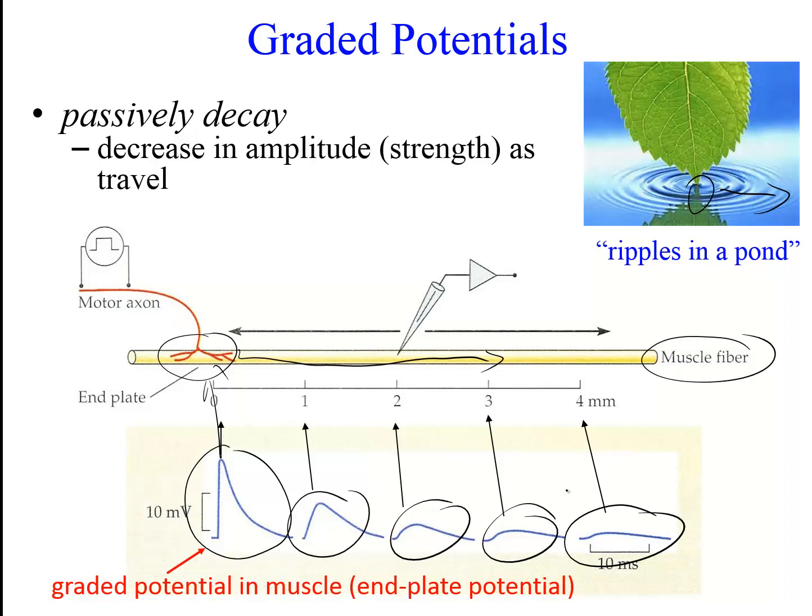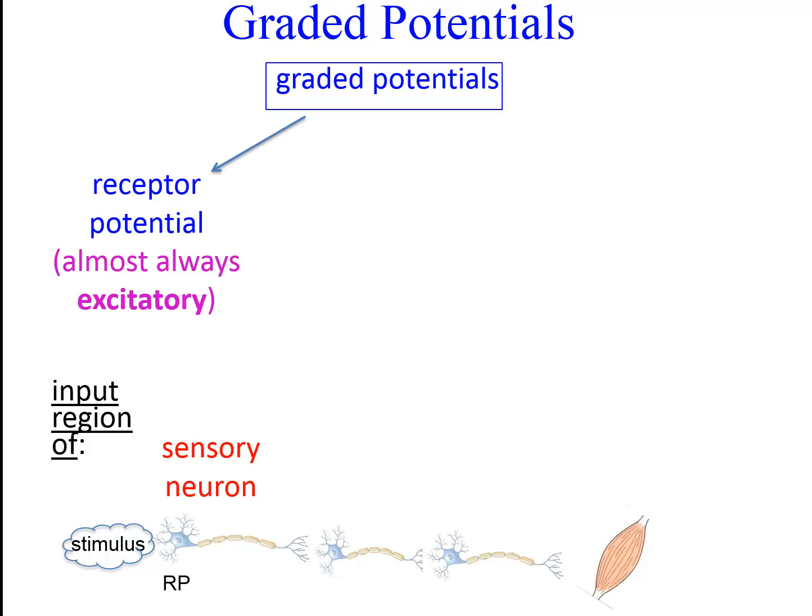Note that in this image, I've indicated that this graded potential is called an end-plate potential. That's because graded potentials are given different names depending on which type of neuron they occur in. For example, if you have a graded potential in the input region of a sensory neuron, it's called a receptor potential, and these are almost always excitatory.